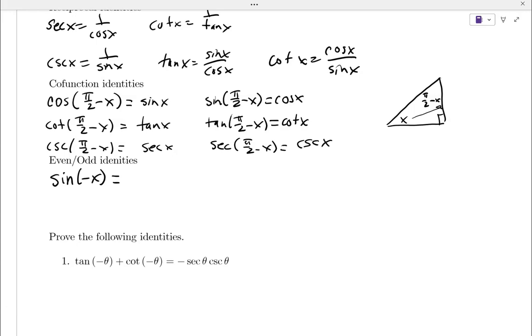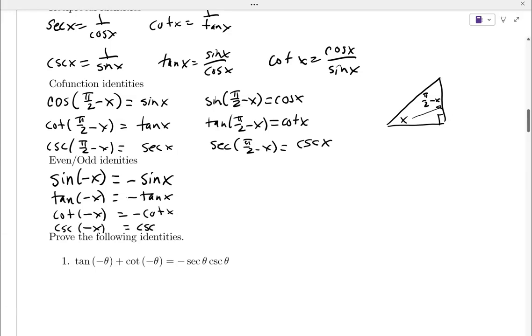Sine's an odd function, so sine of negative x is negative sine x. Tangent is odd. Cotangent is odd. And cosecant is odd.